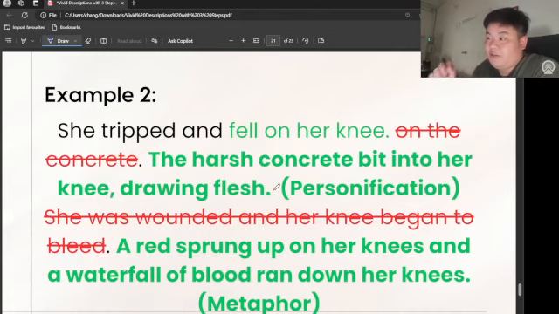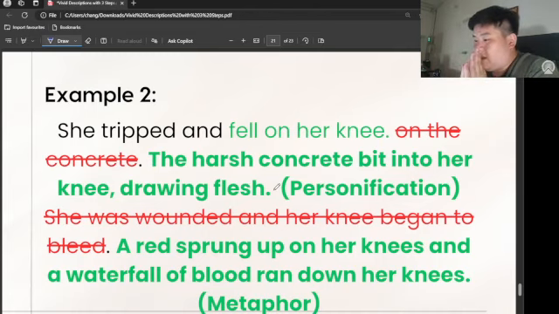Personification, because obviously concrete can't bite. If it can bite, we are all in deep trouble. But the reason why I want to use this particular personification is to point out that the concrete had some sharp edges, and then that would lead to whoever this girl is, as she falls down, her knee would come into contact and then you'll scrape off some skin over there.